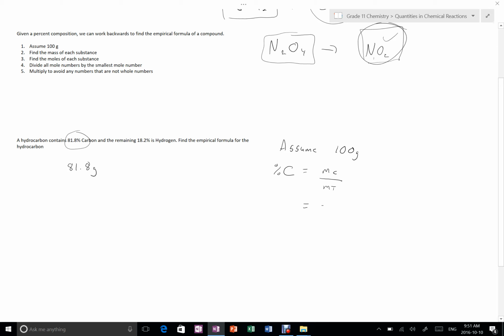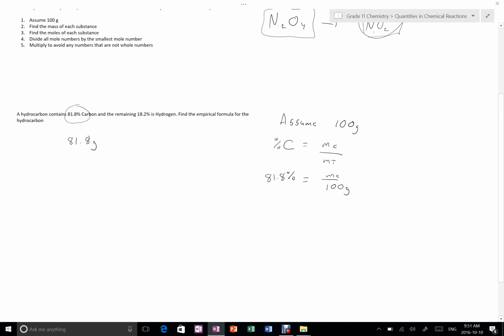So if I assume the mass of the total is 100 grams, and I assume that the carbon is 81.8% of the sample as discussed, remember, when I use percents in calculations, I have to convert them to decimals, so 81.8% is 0.818. So that means the mass of my carbon is going to be 81.8 grams. So again, if I assume 100 grams, then my percentage can change into grams directly.